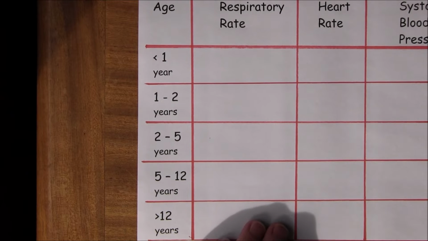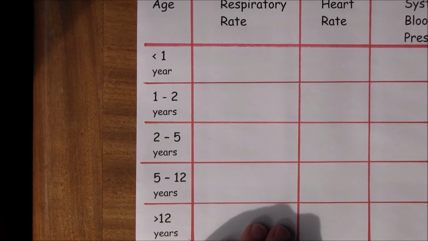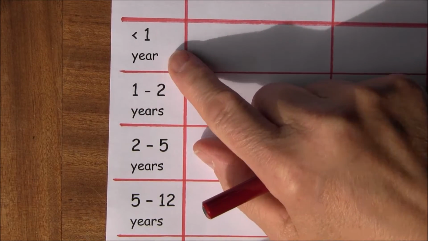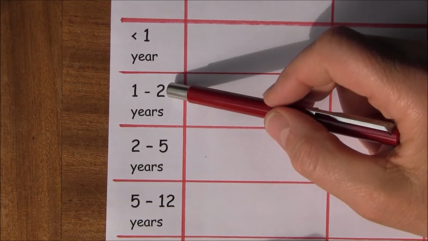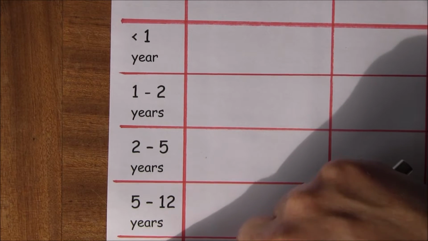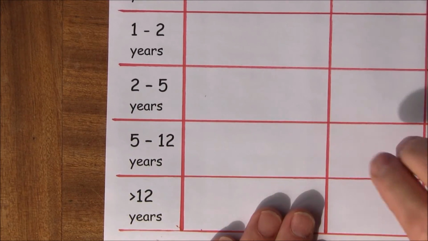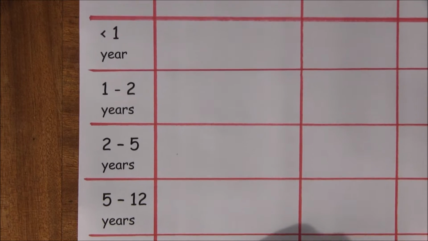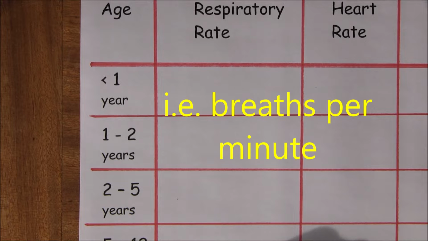So here we start off with children of less than 1 year, infants, 1 to 2 years of age, 2 to 5, 5 to 12 and greater than 12 years of age. And we want to think about respiratory rate first of all.